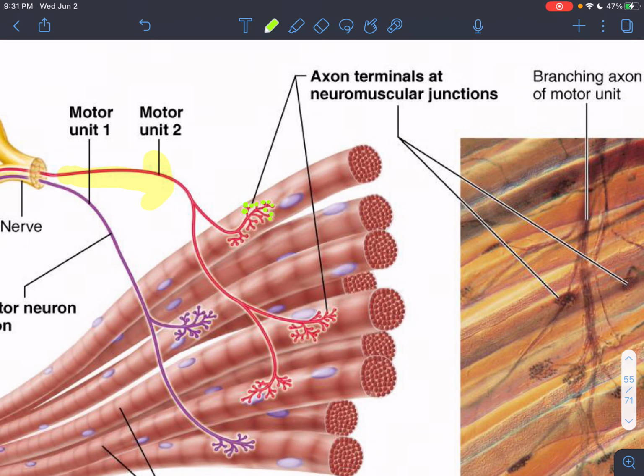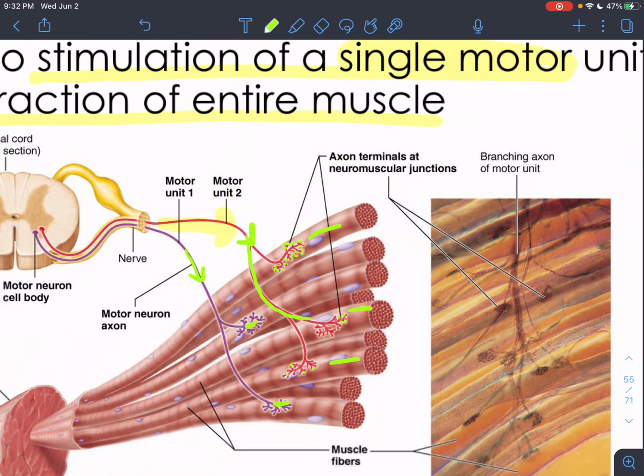Okay, and these axon terminals are going to be spread throughout the muscle to cause contraction in each individual sarcolemma, but you have action potentials coming down to some other muscle fibers as well. Okay, so again, if one motor unit innervates more muscle fibers, there is going to be less control. If you have a motor unit that only innervates 2, you're going to have finer control of movement.